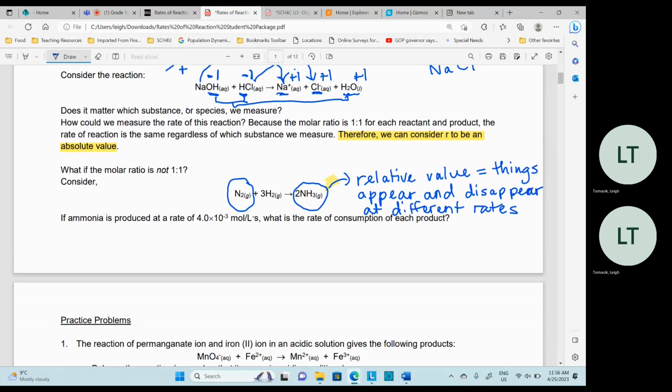right? So we have a 4.0 times 10 to the negative 3, and we can multiply it by a fraction, right? 1/2. And that's related to the coefficients, right?